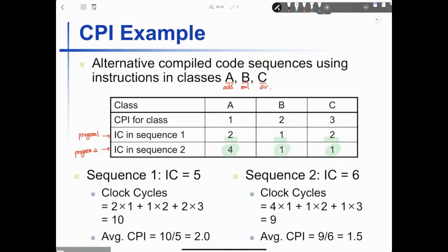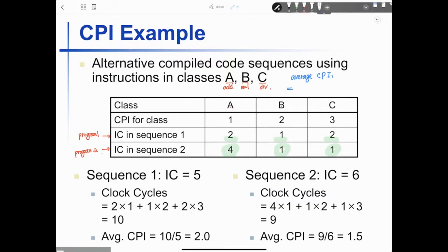So in that case, what about the average CPI? Let's look at the average CPI for program 1.